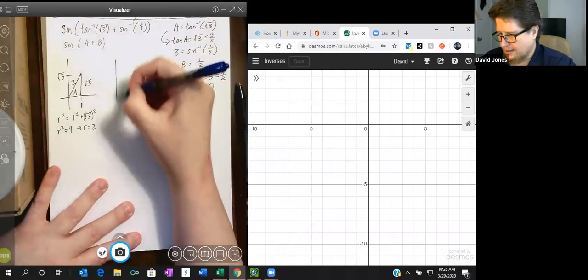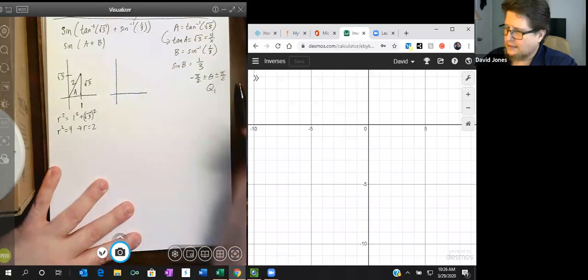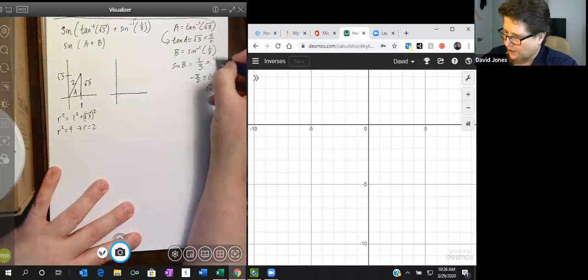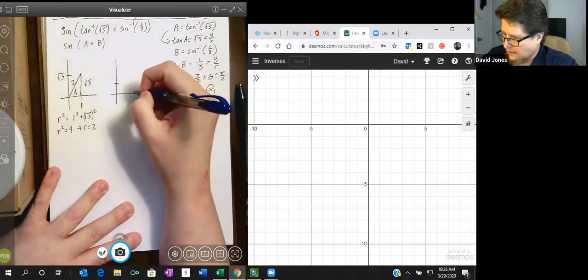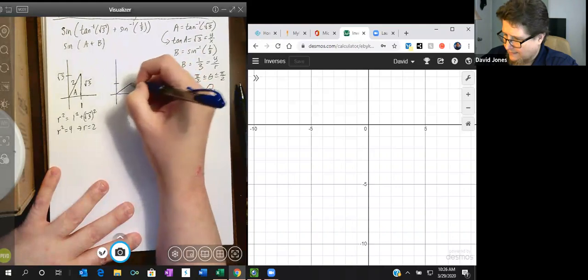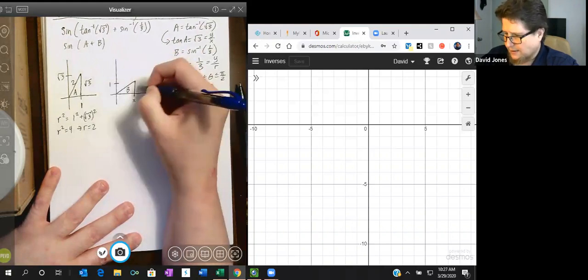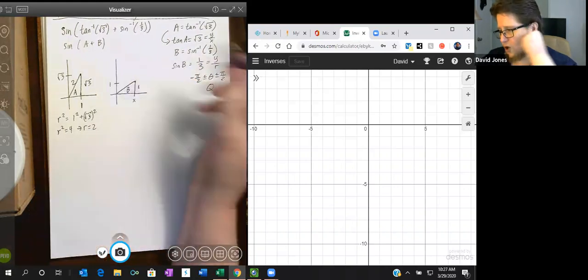We look at B. This is y over r. I don't know how far out x is. That's B. This is 1, and we've got x, and r is 3.